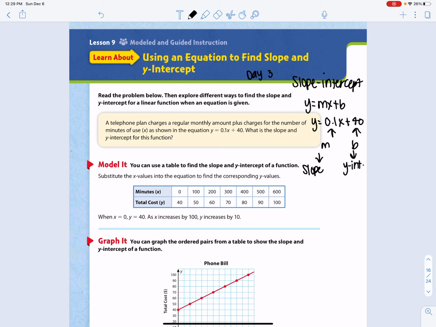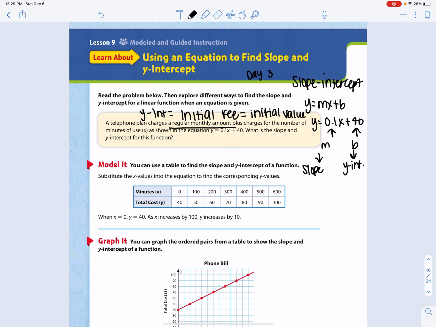Okay, so this means we should be able to identify what this means given the rest of our problem. The plan charges a regular monthly amount plus something else. Regular monthly amount is going to be our initial fee. And we all know that initial fee is the same thing as initial value, which we now call the y-intercept.